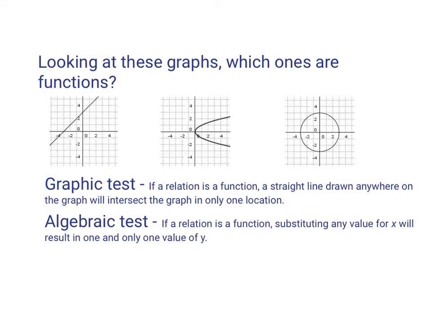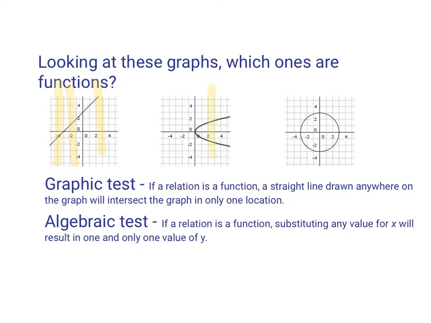One of the ways, if we're looking at graphs, first of all, I just ask you to have a look at this, pause the video for a second, and tell me which of these graphs, for every x value, is there only one y value? Okay, so the graphic test is called the straight line test. If you can draw a straight line anywhere on the graph and only cross the graph in one place, it is a function.